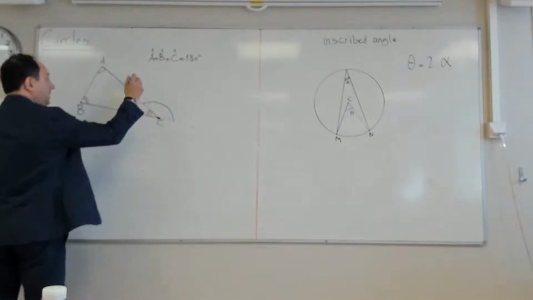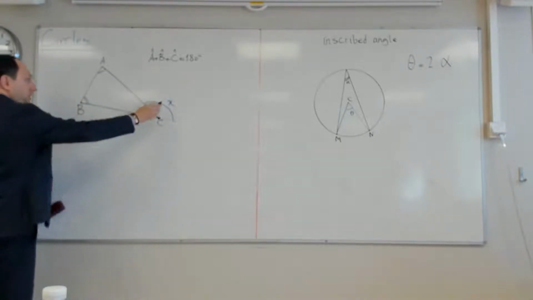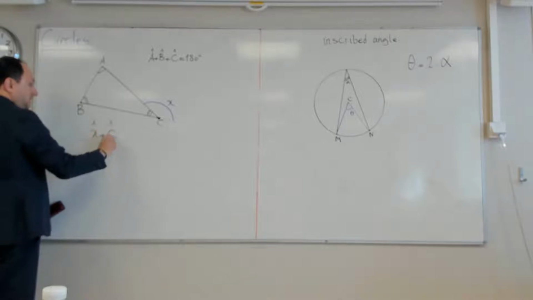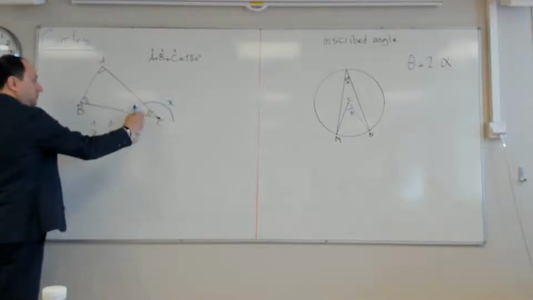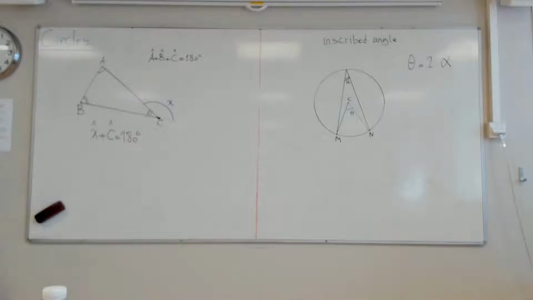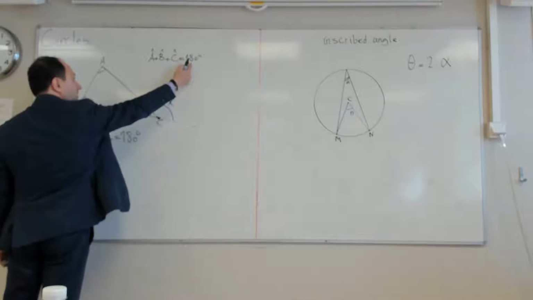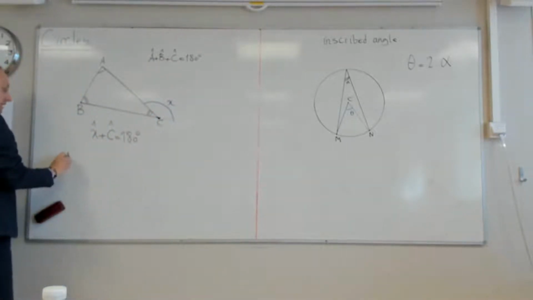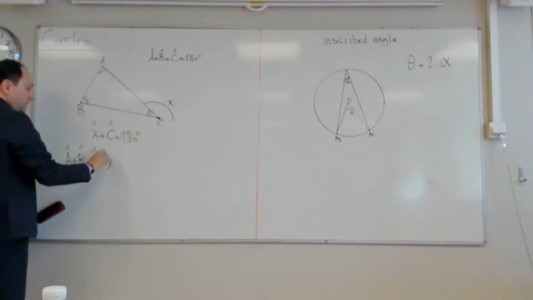Let me call this one X. So you know that angle X plus angle C is 180, because if I go from here up to here, it is just a straight line, and that would be 180 degrees. And now this is 180, that is also 180. So this is equal to this. So this means that A plus B plus C is equal to X plus C.